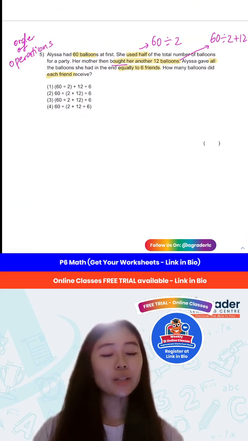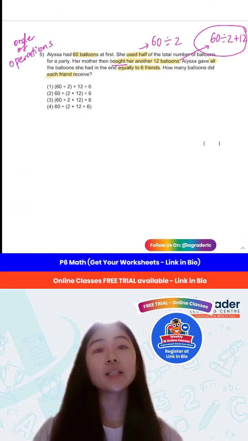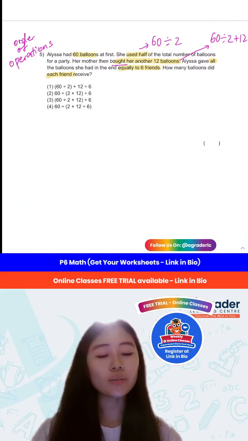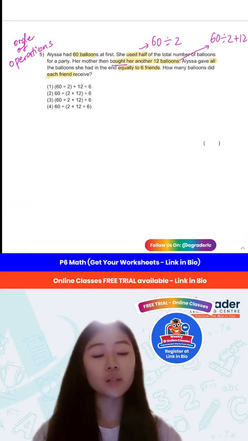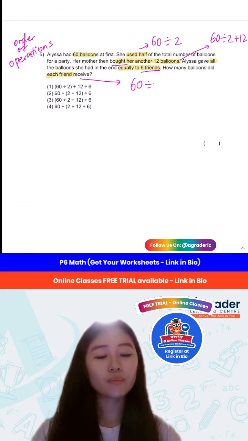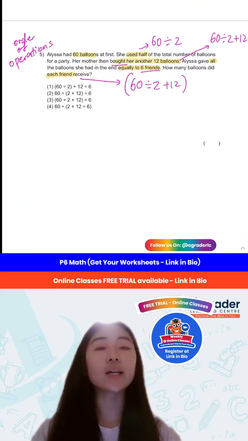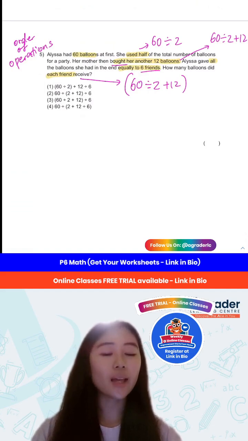Then the final step is she is going to give this entire amount to 6 friends equally. So you're going to divide this entire thing by 6. To do that, you need to put a bracket for this. So you bracket this entire thing first, then you divide by 6.